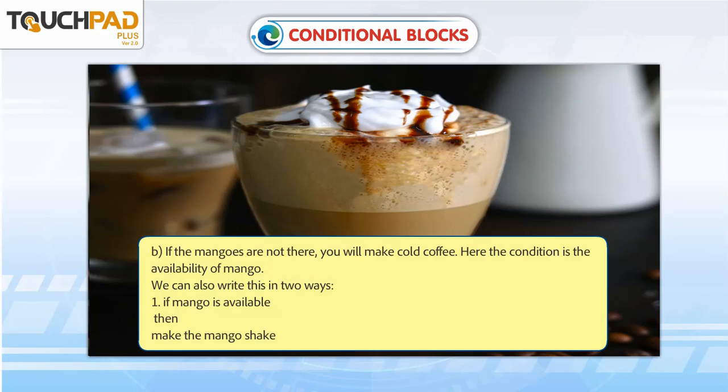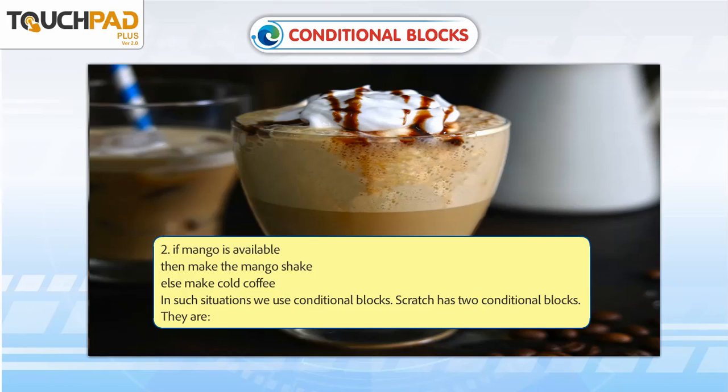Here, the condition is the availability of mango. We can also write this in two ways. 1. If mango is available, then make the mango shake. 2. If mango is available, then make the mango shake, else, make cold coffee. In such situations, we use conditional blocks.